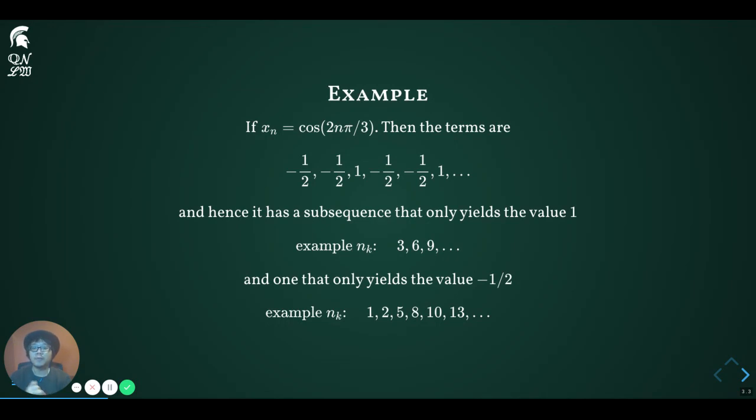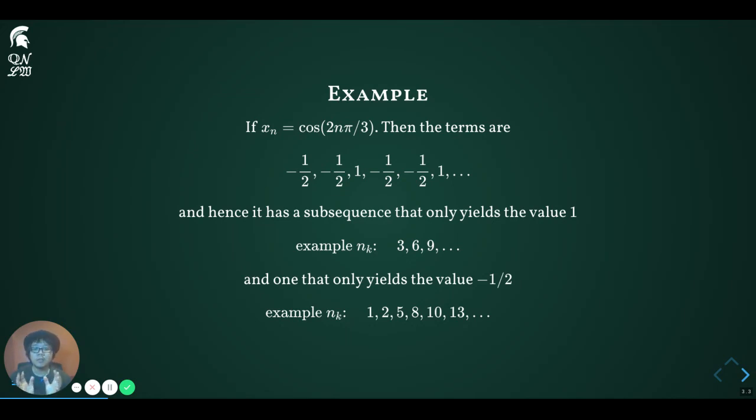To illustrate the final consequence, consider the sequence cosine of 2n pi over 3. The terms of this sequence work out to be minus 1 half, minus 1 half, 1, minus 1 half, minus 1 half, 1, and so on.